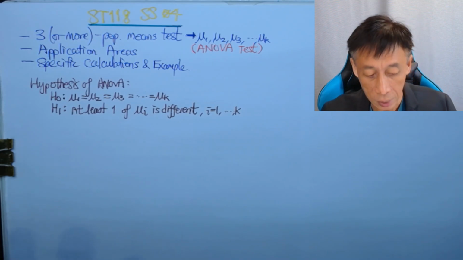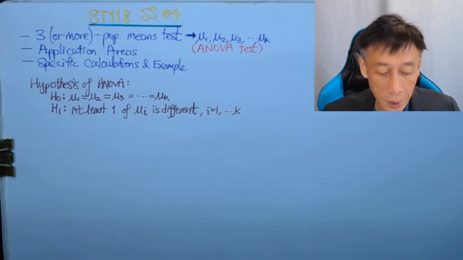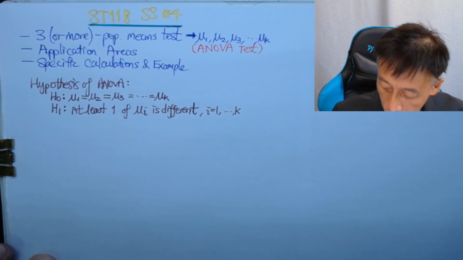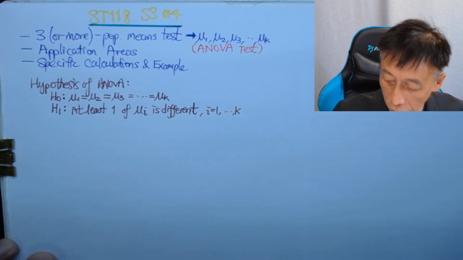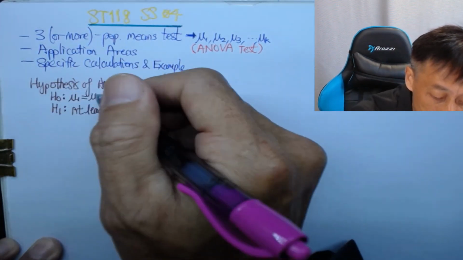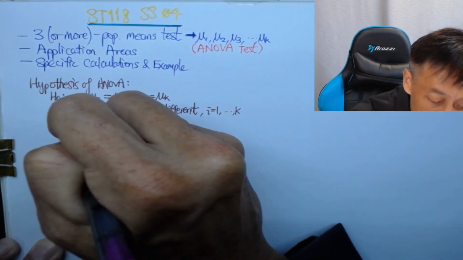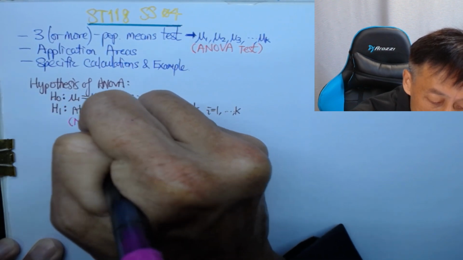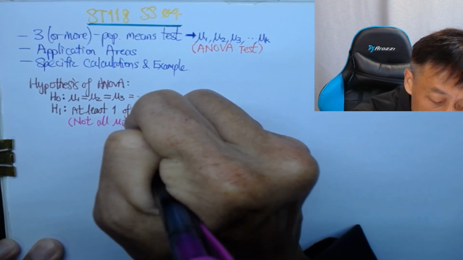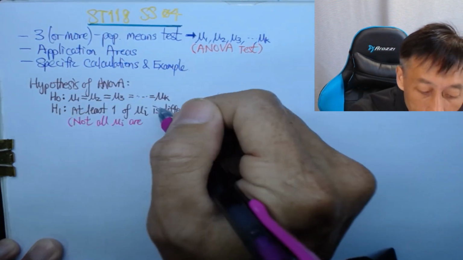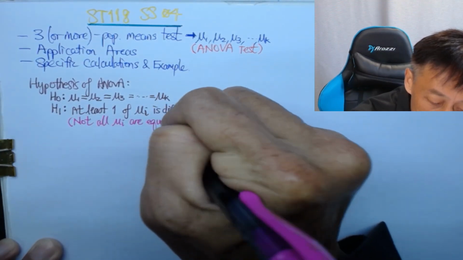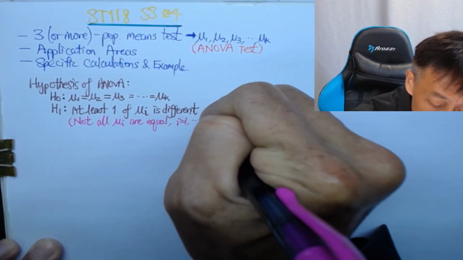Before I continue, there's another alternative version that we can say, sometimes we can say the not of H naught. So the best version is actually: not all mu i's are equal, because H naught says all the mu i's are equal, with i ranging from 1 to k as usual.